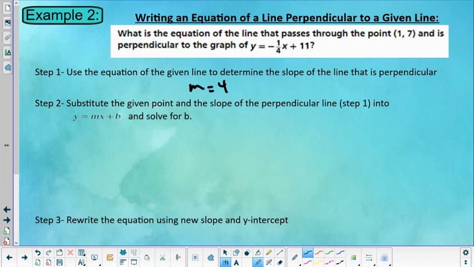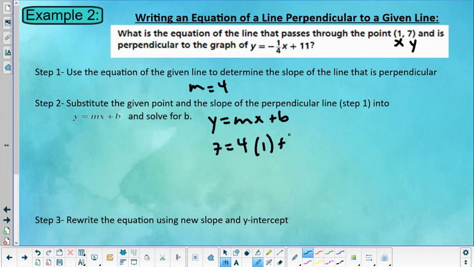Now we're going to do the same thing we did before. So I have my x and my y. I'm going to substitute these in to y equals mx plus b. So my y is 7. My new slope is 4. My x value is 1 plus b. 4 times 1 gives me 4.